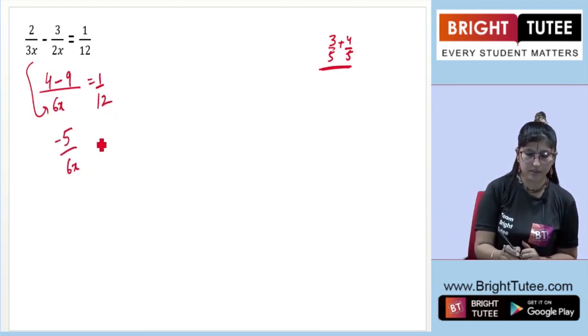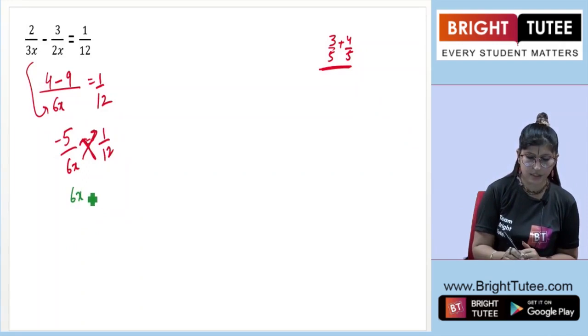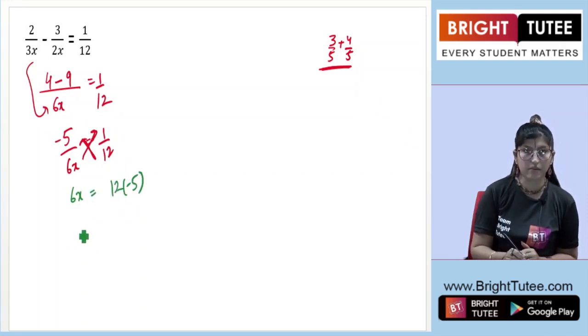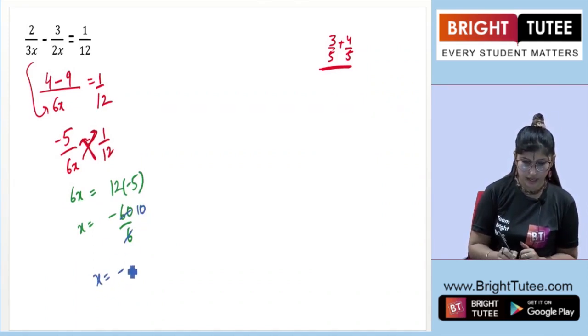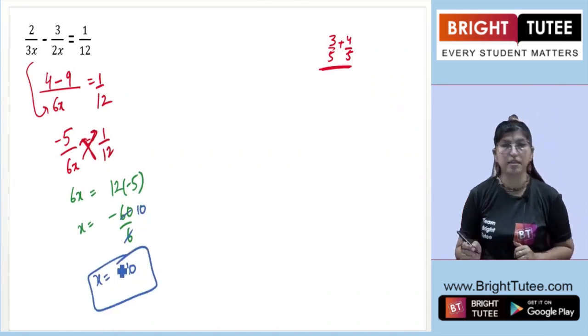So we get minus 5 upon 6x equals 1 upon 12. Cross multiplying, we get 6x into 1, which is 6x, equals 12 times minus 5. So what will be x? 12 times minus 5 is minus 60 upon 6. Once we cancel it out, we get 10. So x is minus 10 in this question.